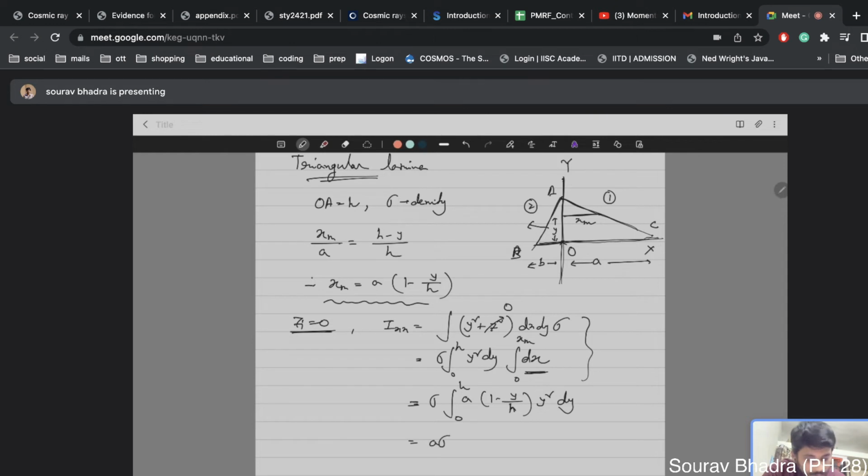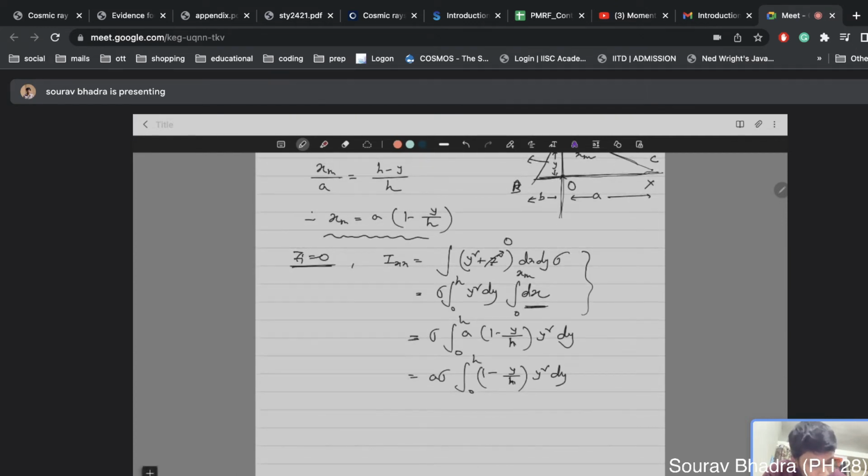So if you do this integration, this will give you 1 minus y by h, y square dy, where h is constant, and put these values. So you will get a result 1/6 m1 h square, where m1 is half a h sigma.